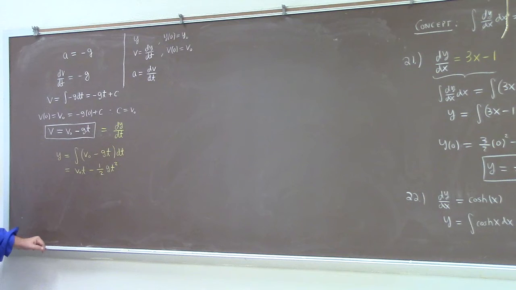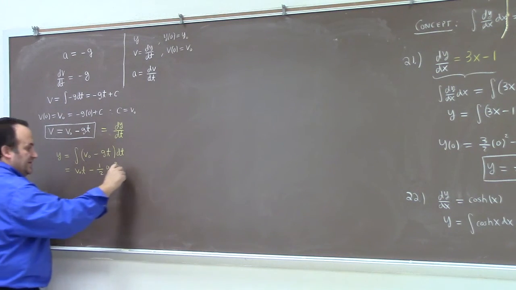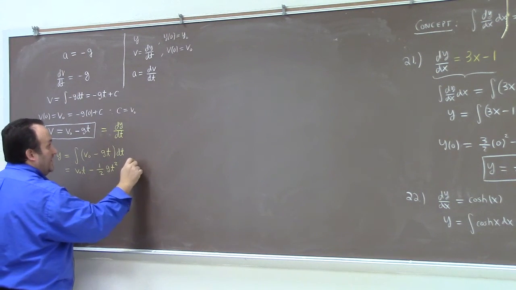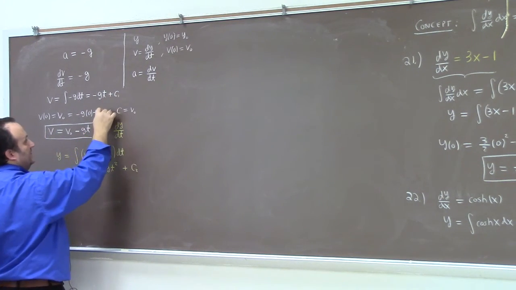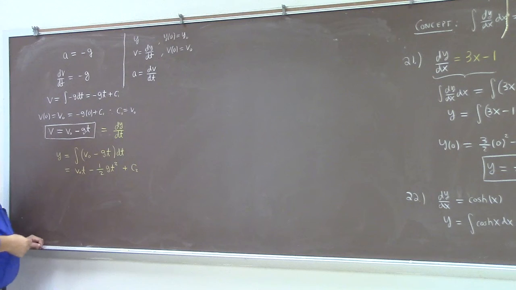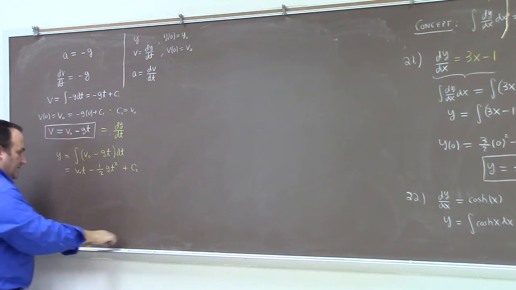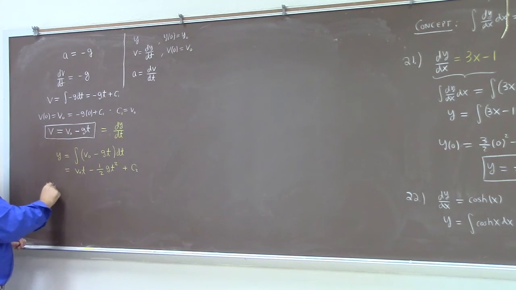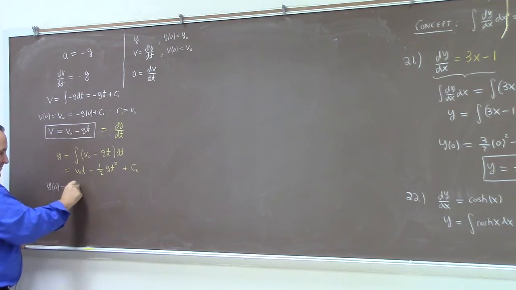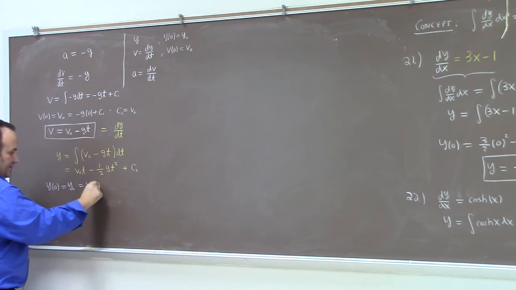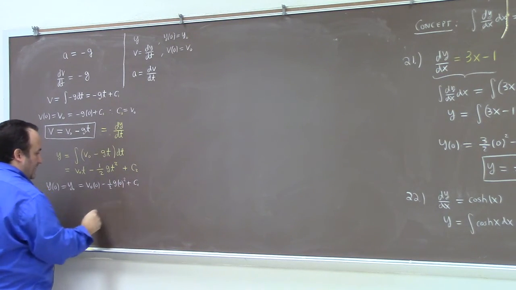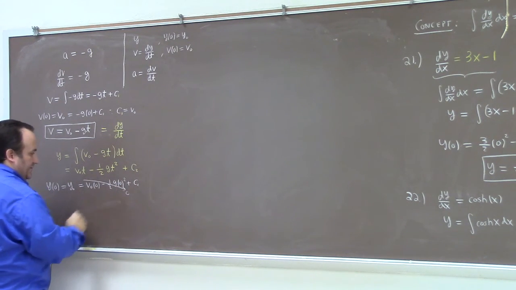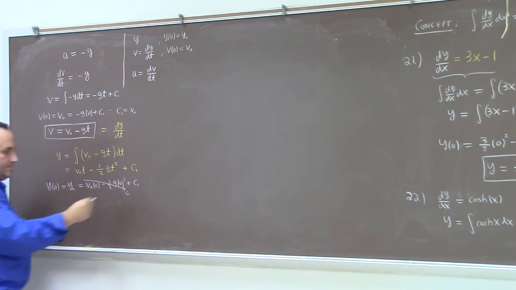Maybe with x instead of t, but we've seen it a couple times. Plus a constant, and I should say c2 because I already used a constant. Maybe I should call the first one constant 1. Anyway, constant 2. What do we know? We know y of 0 is equal to y naught. But that's also equal to v naught times 0 minus 1/2 g times 0 squared plus c2. All this trash is just 0, and we're left with y naught equals c2.